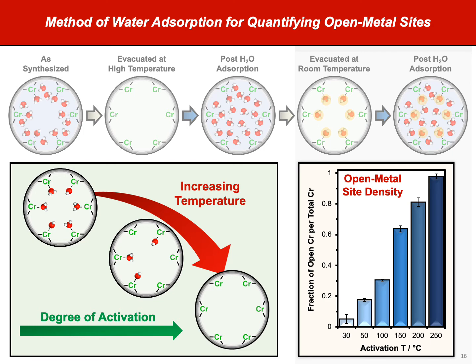And consistent with this expectation, when we use the difference between the original isotherm and the difference isotherm, we do observe the expected trend, which is that the fraction of open metal chromium increases monotonically with activation temperature and reaches a value of 1 at a temperature of 250 degrees Celsius, where I access all of my possible open metal chromium.